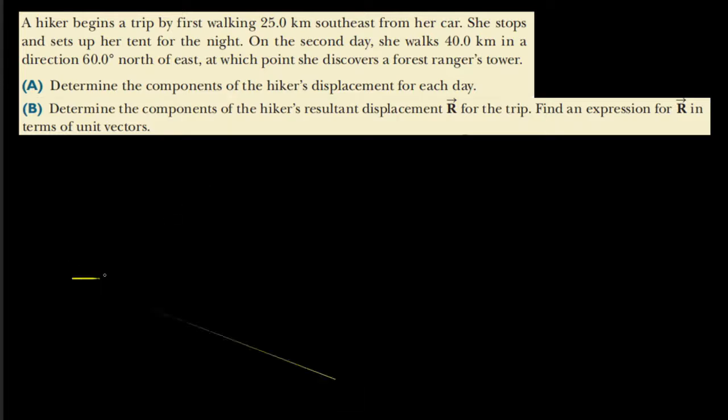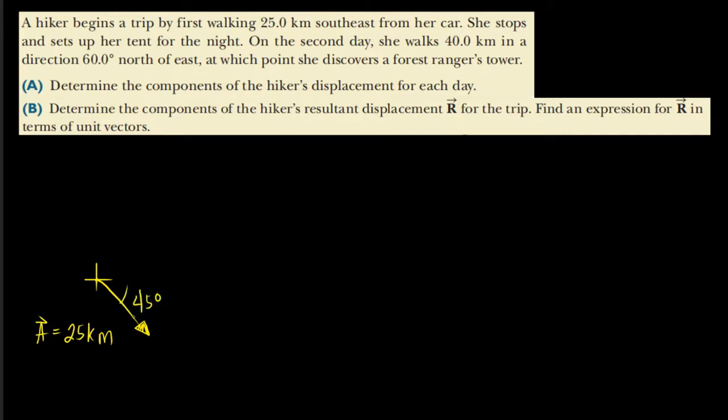So we are going to draw a little XY plane and 25 kilometers southeast. So it's in the middle of south and east. Let's call this vector A because it's the first. 25 kilometers. What angle will we use? Since ours is in the middle, we can say that this is 45 degrees.